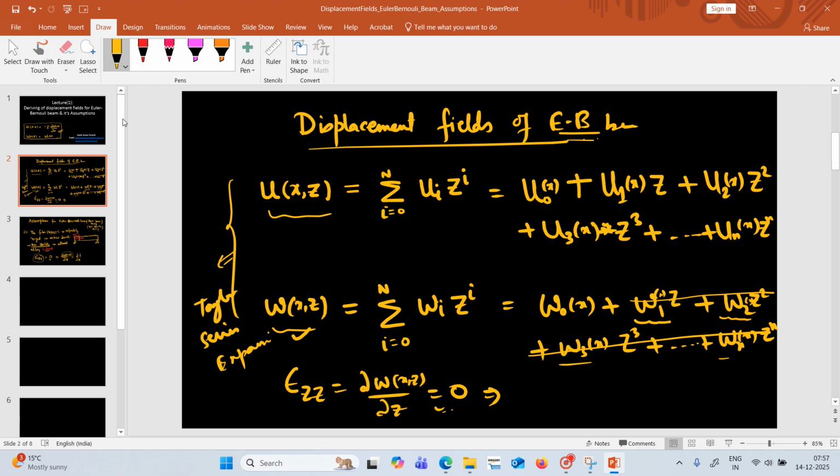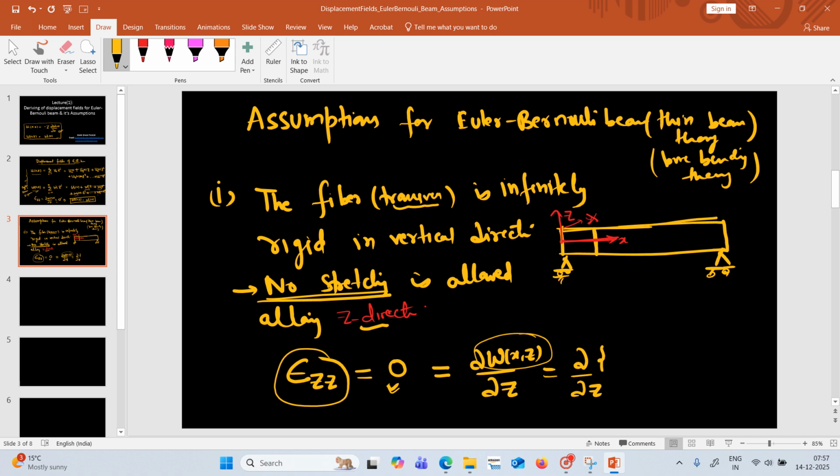For this to be 0, the strain stretching epsilon zz should be 0. So z should not be there. This implies that w of x comma z is actually a function of only x. If this is a function of only x, then the strain epsilon zz would be 0. So this is only possible when it is a function of x only.